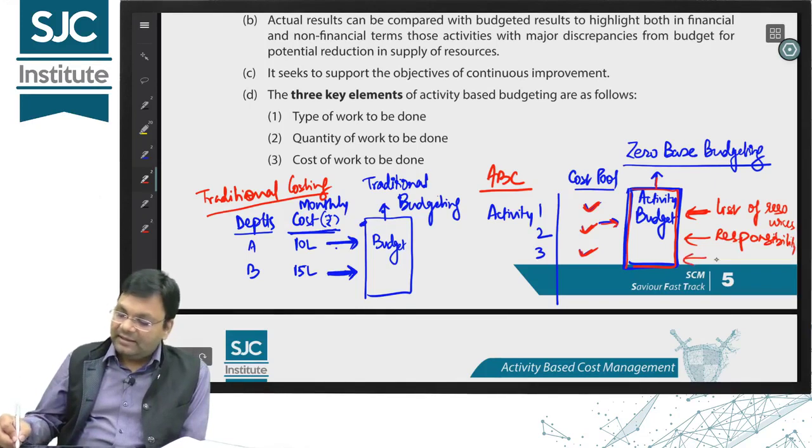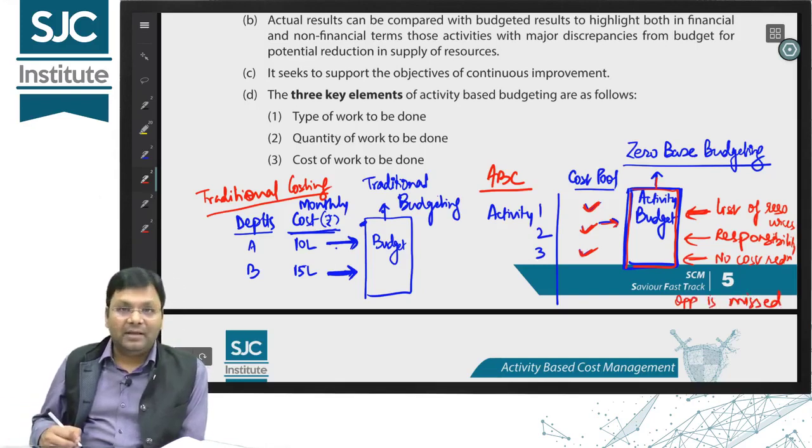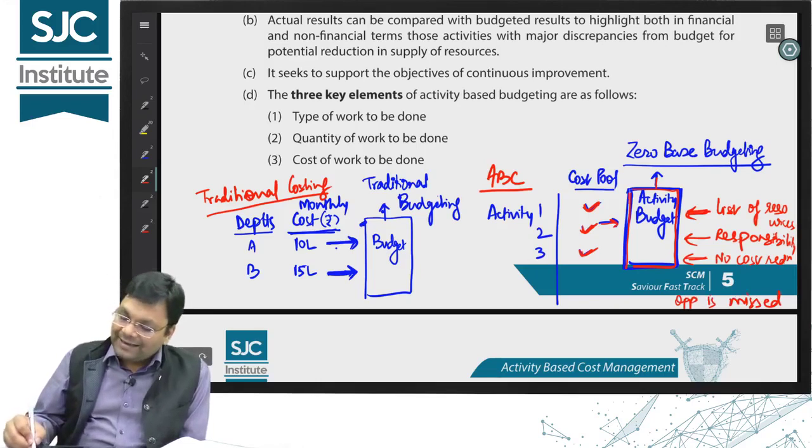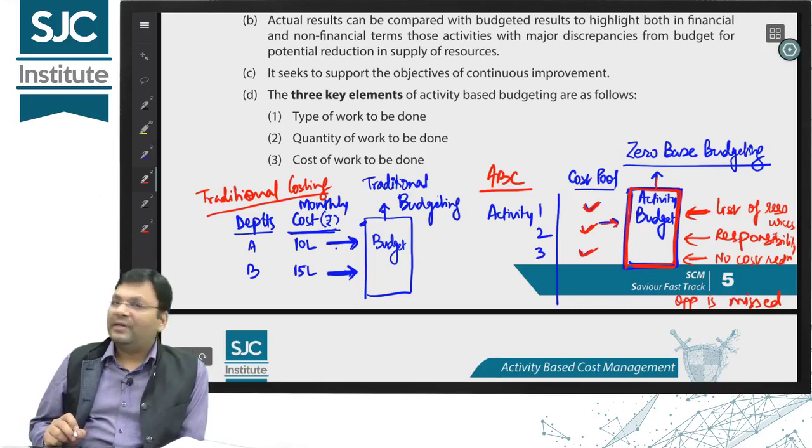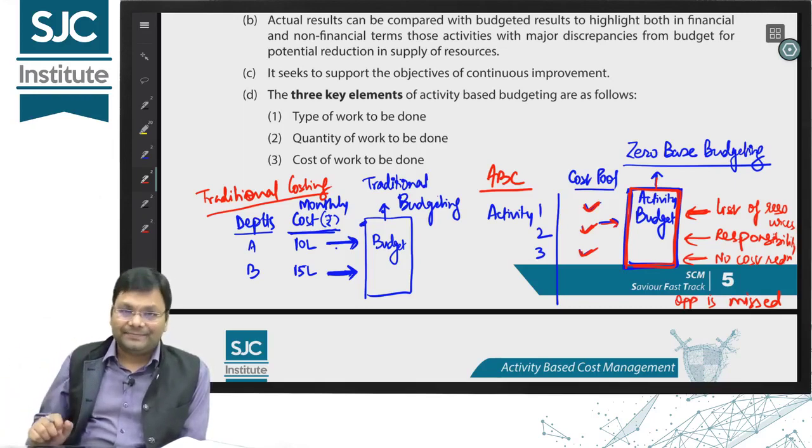And the third is, there is less chance of missing cost opportunities. No cost reduction opportunity is missed. So we have to do our planning in a manner that our activity costs are always optimized. Optimized means without this you cannot do, and there is no excess in it.